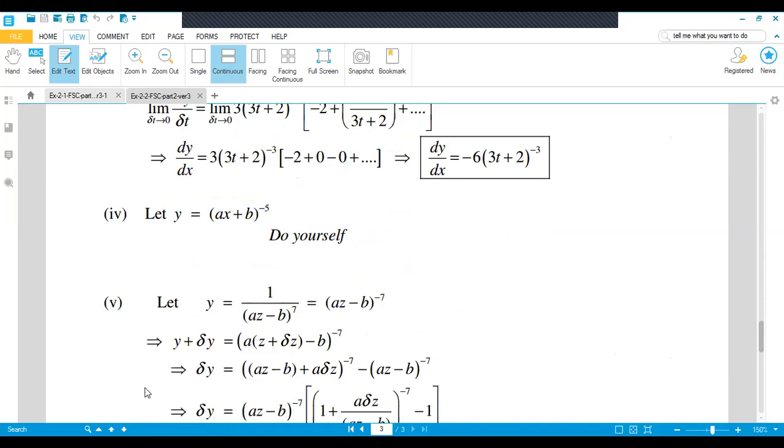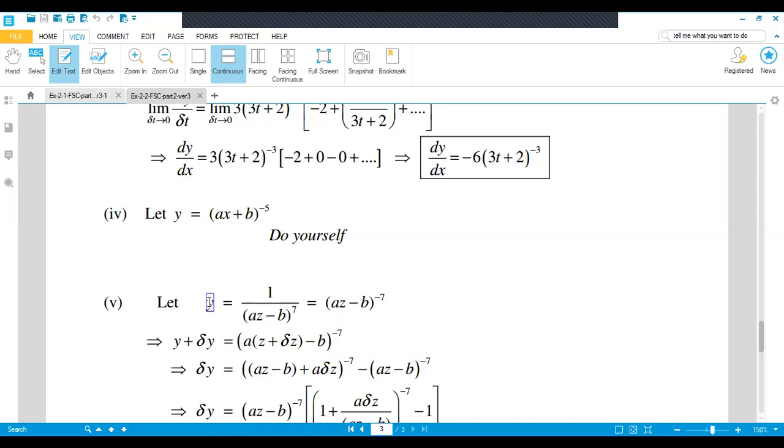So you have y equal to, I told you in the previous exercise, if it is given in fraction form and you have to solve it by definition or with first principle, what will you do? You shift that value to the numerator by the law of exponent. So here (az minus b) whole power 7, when you shift it to the numerator, the power will be minus 7.